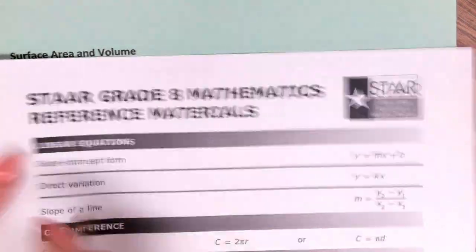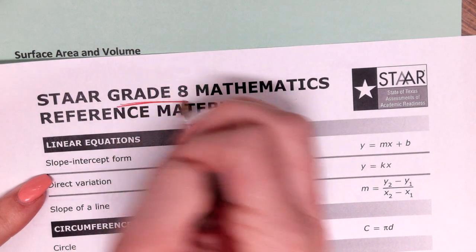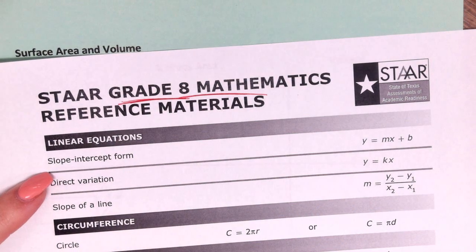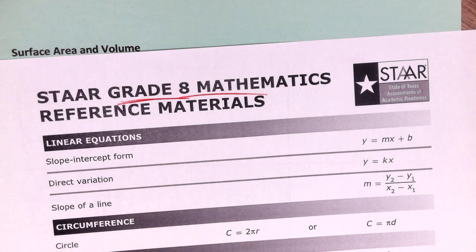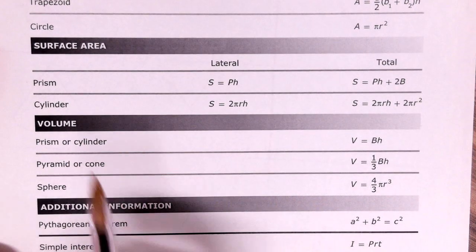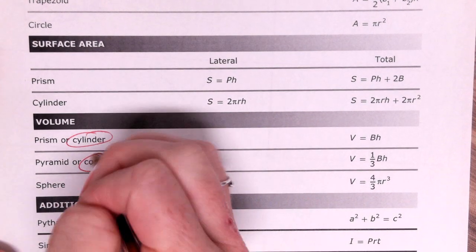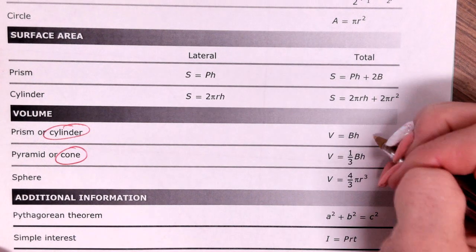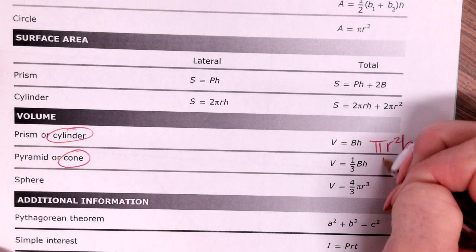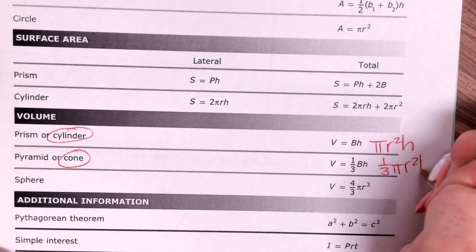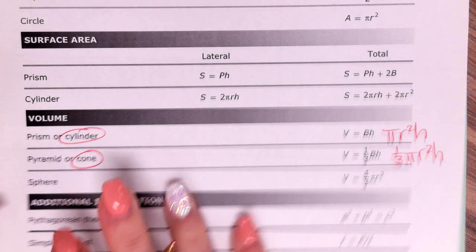And you also make sure, what does it have to say at the top? Grade 8 math. Just in case there was a mistake made, you need to make sure you have the correct star chart. The only two formulas you were to change were volume of a cylinder and a cone, so you should have changed that to pi r squared h and 1/3 pi r squared h. We've practiced that a million times, right? All right, here we go.